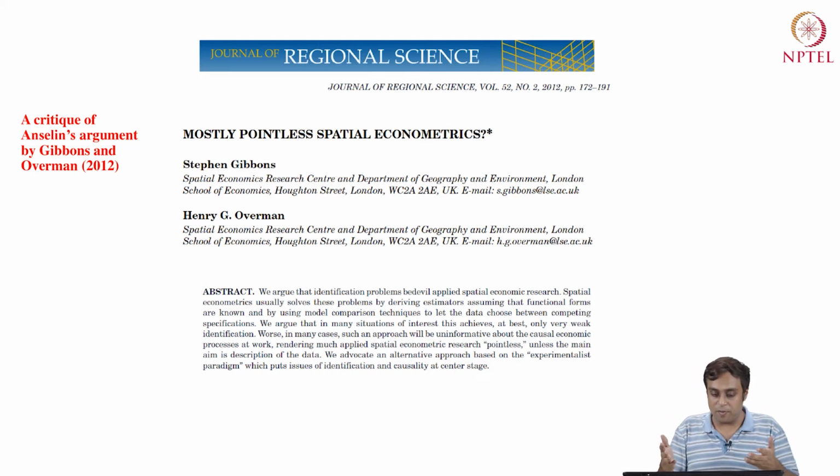This is a very good paper. You must read this paper, but the point is that Anselin's argument may not be sufficient, and in practice what we find is that people don't just stop at spatial lag models and say they are identified automatically. People do more than that.